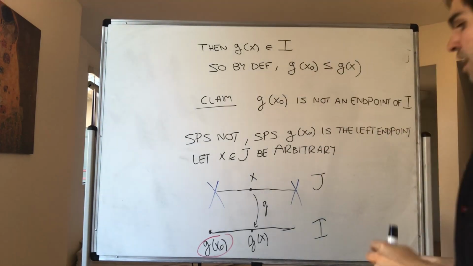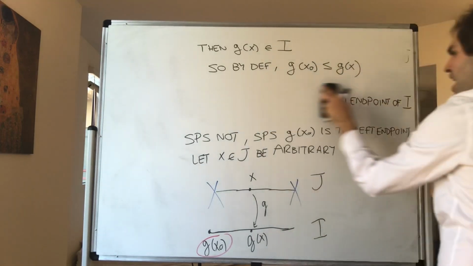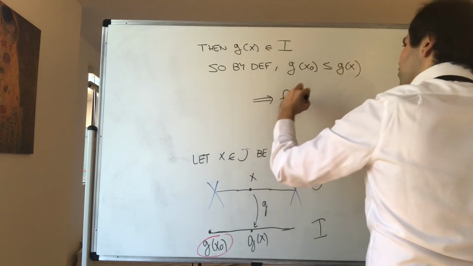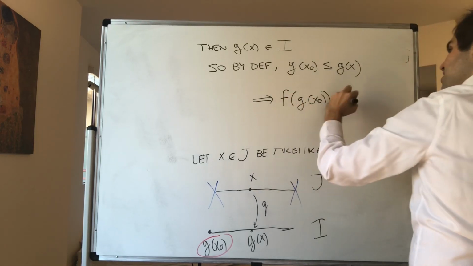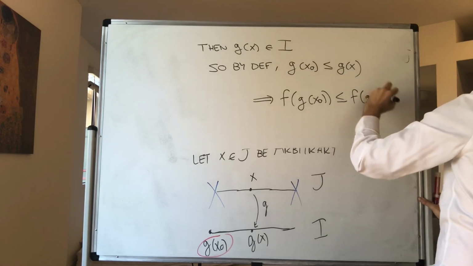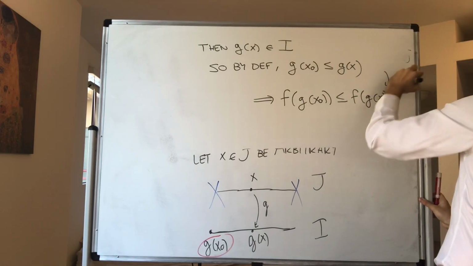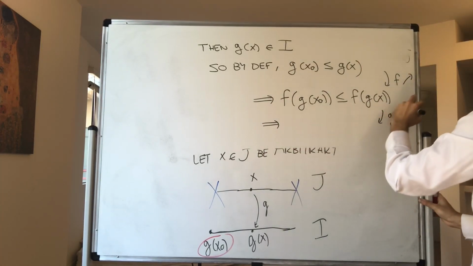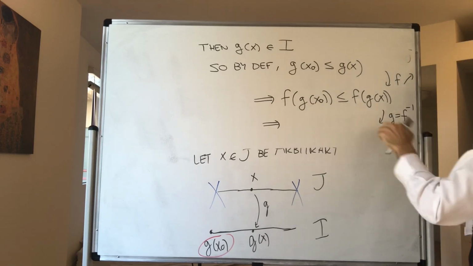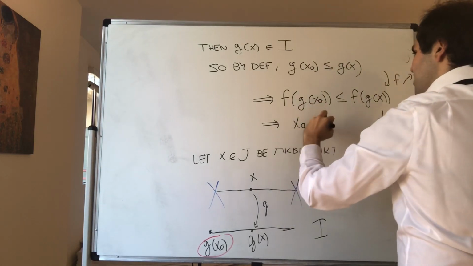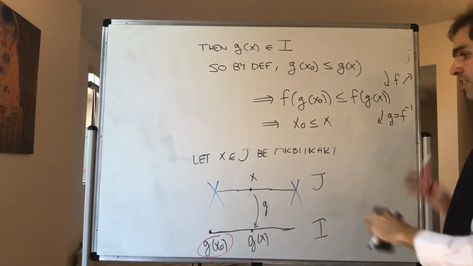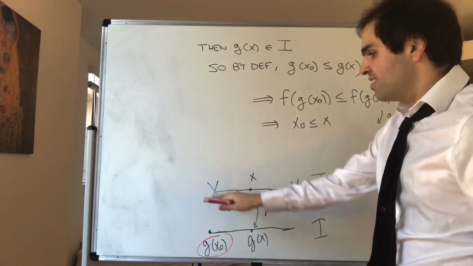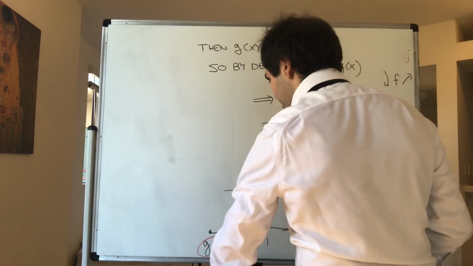Then I'll apply f to this, because remember f is increasing. Therefore f of g of x naught is less than or equal to f of g of x. Again, f is increasing, and g is just f inverse, so f undoes whatever g does, and you get x naught is less than or equal to x. But what does that mean? For any arbitrary point here, x naught is smaller than that point.